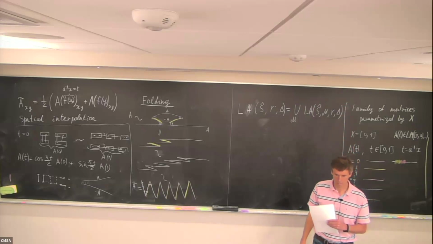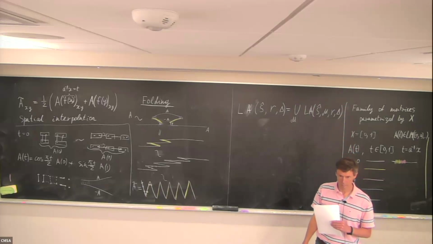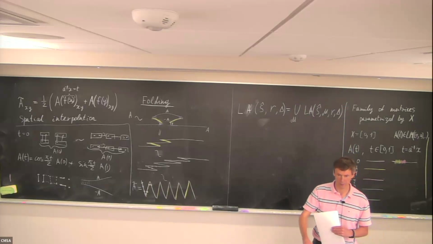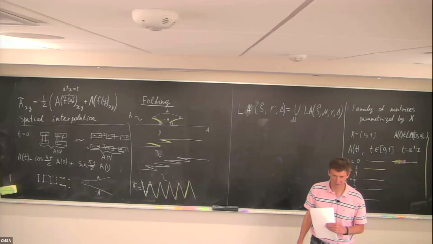For the folding trick, are you supposed to apply this to one dimension or other dimension? You can fold in one direction, then you can fold in another direction. And in n dimensions, you need to apply it n times.